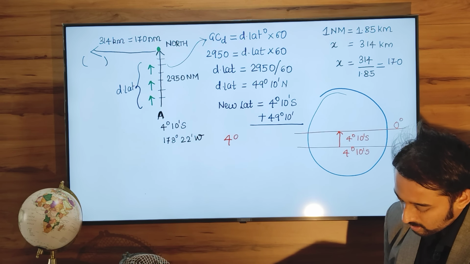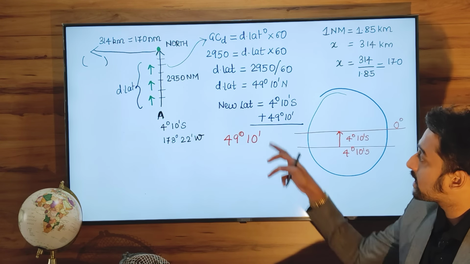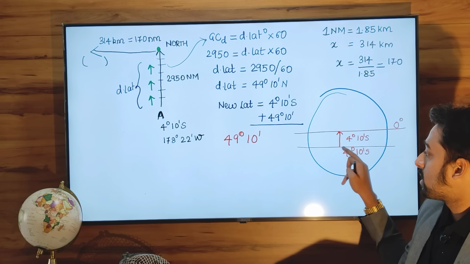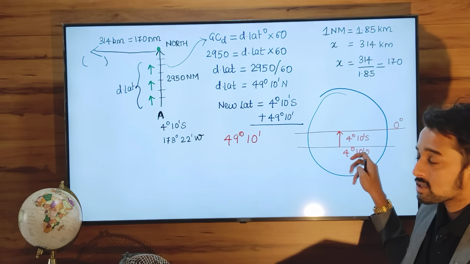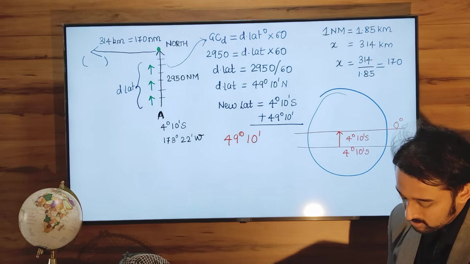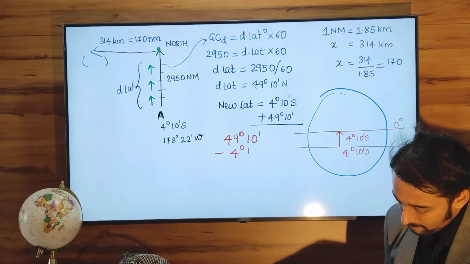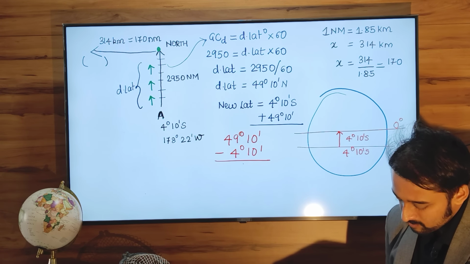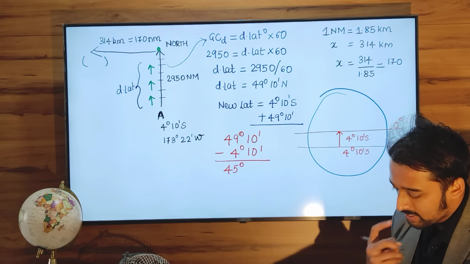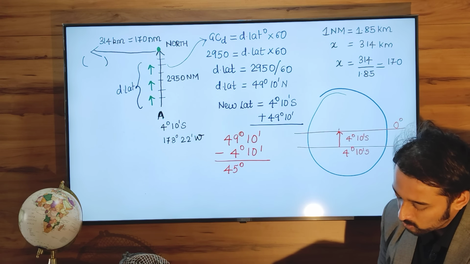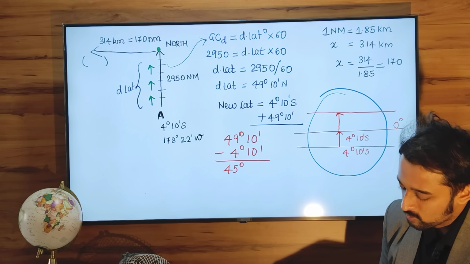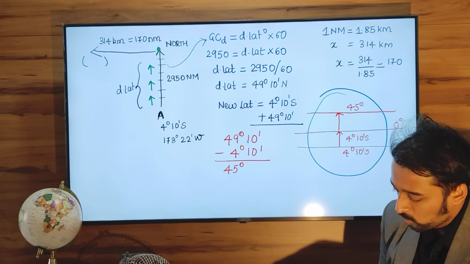Out of the total of 49 degree 10 minutes, when you cover 4 degree 10 minutes in coming to the equator, 45 degrees are left. So when you fly north, you will come to a latitude of 45 degree north.